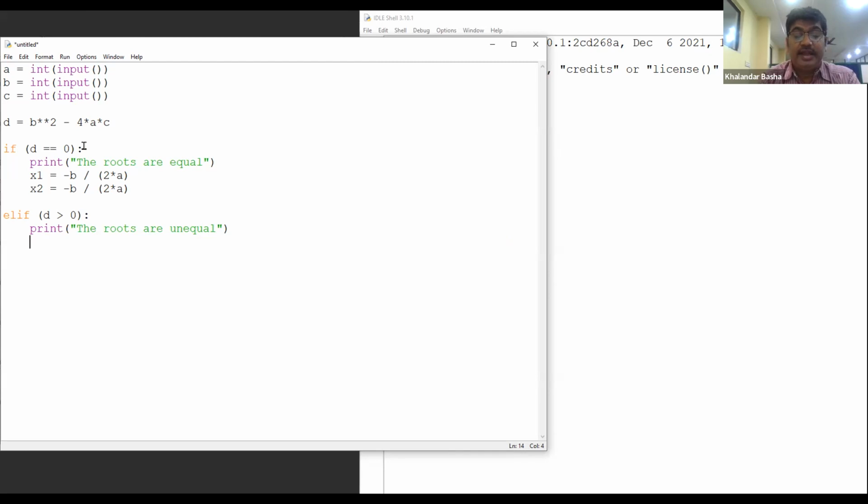Then we will write the x1 expression as x1 equals minus b plus math.sqrt of d, whole divided by 2a. We have to import math.